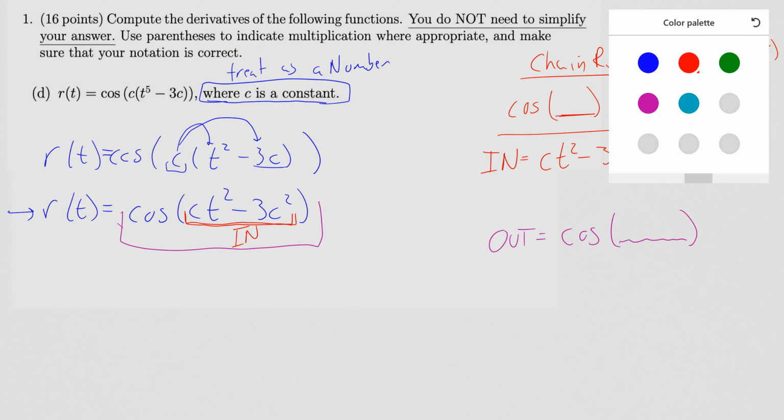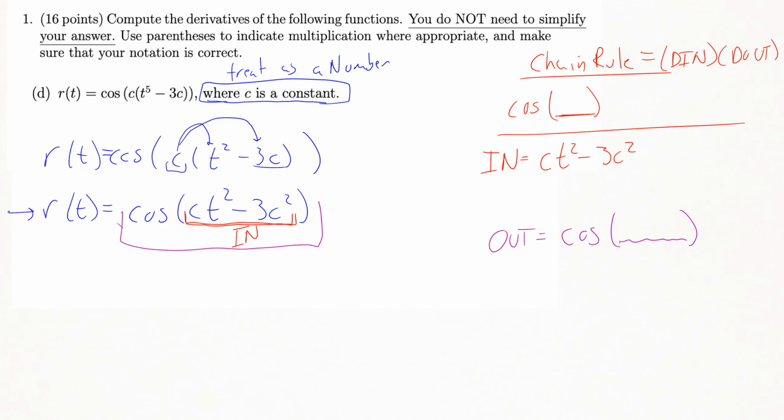Going back and looking at these as two smaller bite-sized chunks, let's find my d in and my d out. The derivative of the inside, the d in here. Again, this c is just a number, like a 5 or a 2 sitting out in front, so you just want to treat it like that. This is really just a power rule. I'm going to bring this 2 down in front and multiply it by that c, so I'll get 2ct, and subtracting 1 from the power of 2 leaves us with the first power.